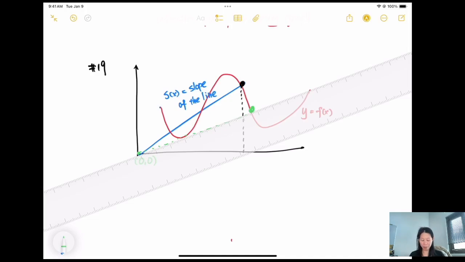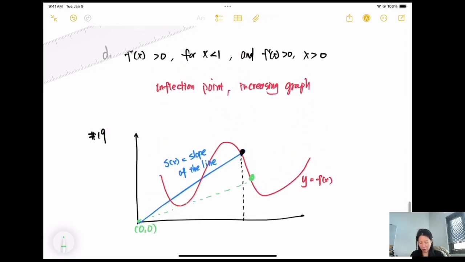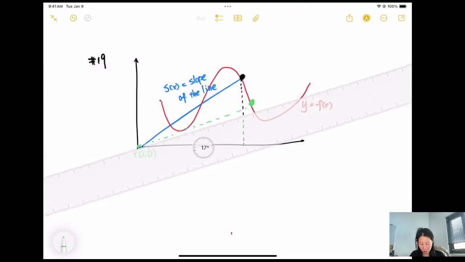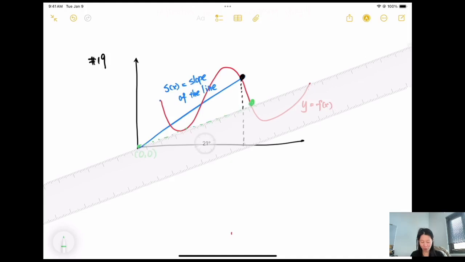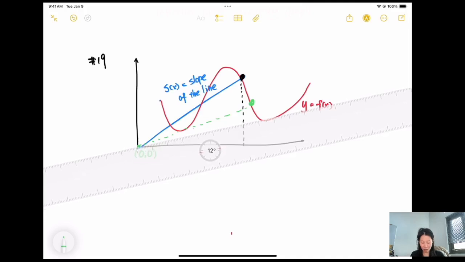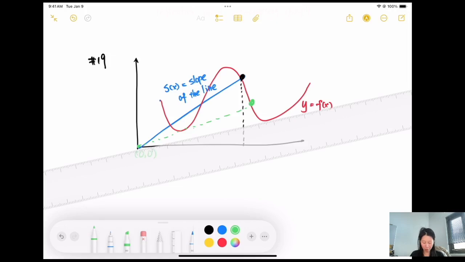Does it make sense? Okay, in order to find the smallest slope, as you can see, we can use the help of the ruler. The slope in here, the ruler just tells you is 20 degrees, and this one is 13 degrees. So which one do you think has a smaller slope? It's going to be the lowest point, the local minimum point.